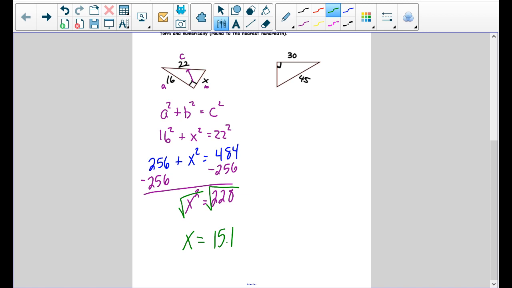So I'm going to say 15.1. So the x side length is 15.1, give or take a hundredth.